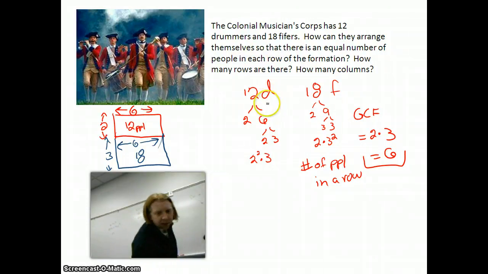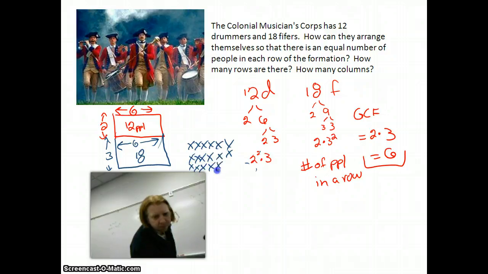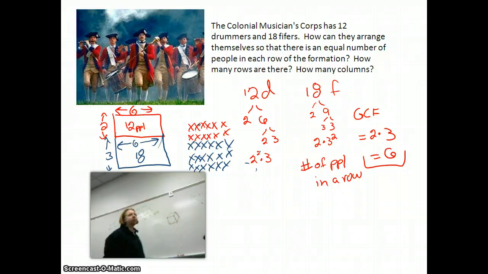So I'll have 1, 2, 3, 4, 5, 6 guys here, and I have 3 of those. And then in front of them are going to be 2 rows of 6 guys.